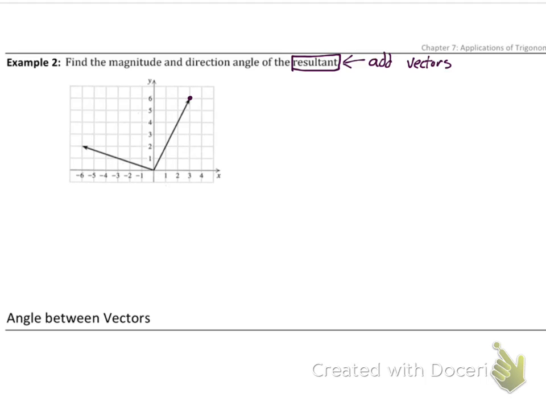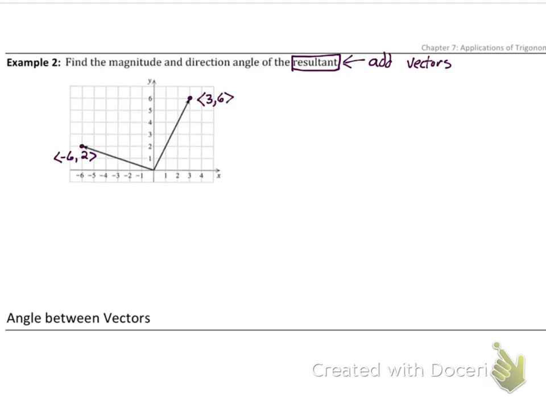So that means the component form of this vector is 3, 6. Our component is just asking for what is this terminal point, and that is 3, 6. For that other guy, the component form is negative 6, 2.